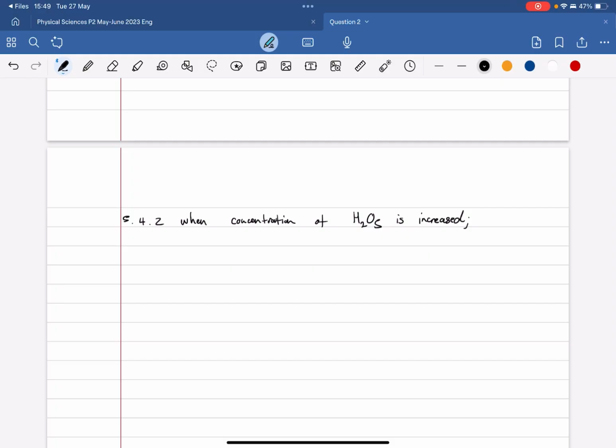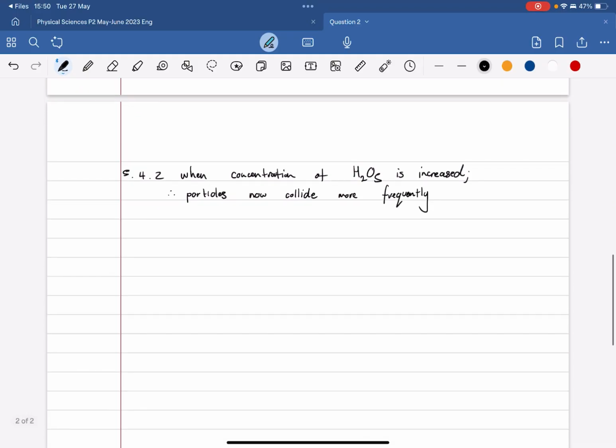So because you've got more particles, you've got more collisions, or you could say particles now collide more frequently. That word frequently just means more often.